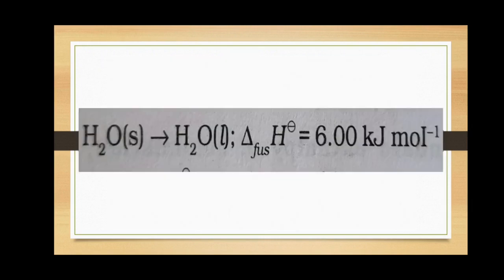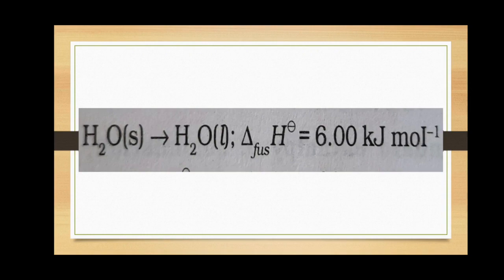Now just consider this reaction, that is water. H2O in solid form gives H2O in liquid form. Solid form means it is ice. When you provide some heat energy, it gets converted to liquid, that is water.